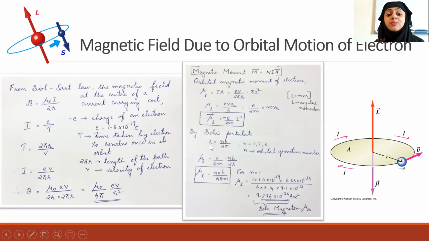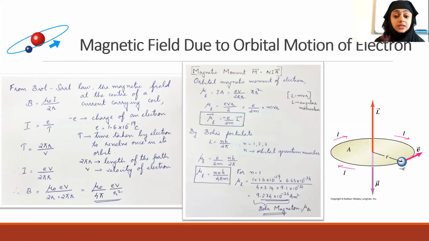So the angular momentum L is equal to nh by 2 pi, where n is called the orbital quantum number. n goes from 1, 2, 3, etc. If n is equal to 1, it means the first orbit. If n is equal to 2, it means the second orbit. n is equal to 3 represents the third orbit, etc. And what is h?